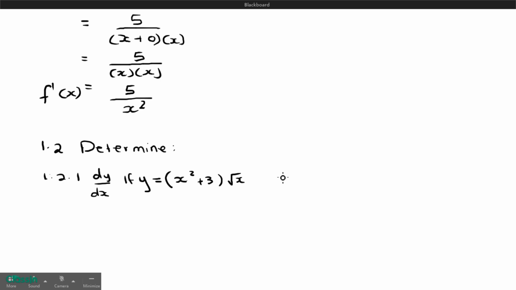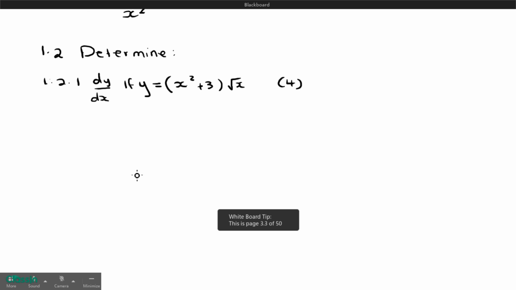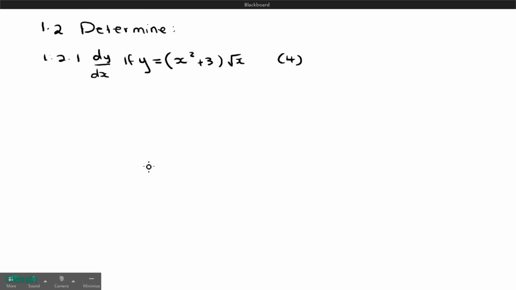So this question carries 4 marks. Now we need to apply the rules of calculus in order for us to determine dy over dx.